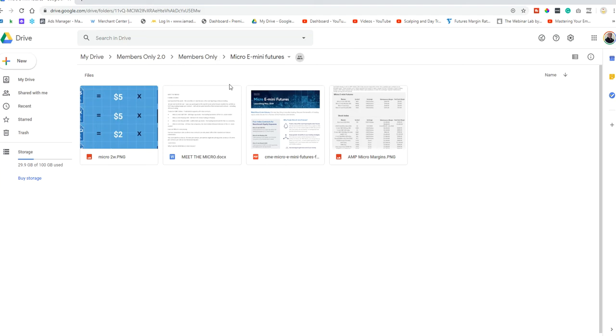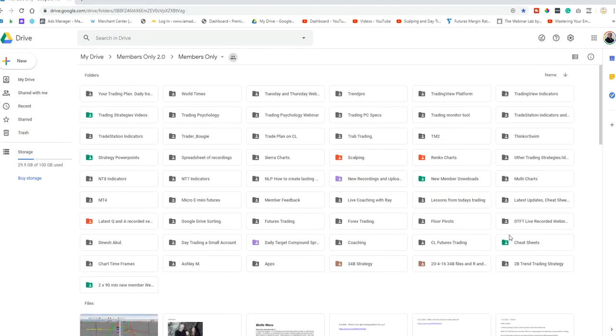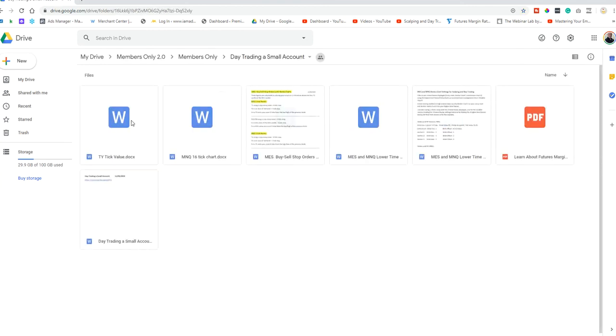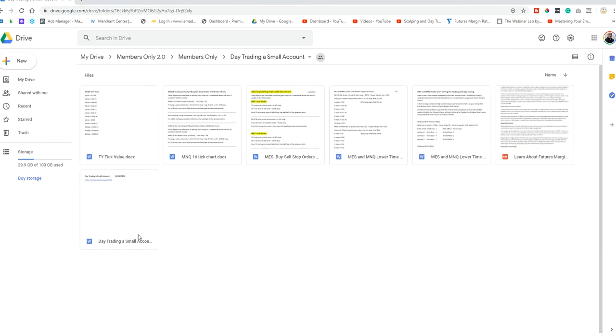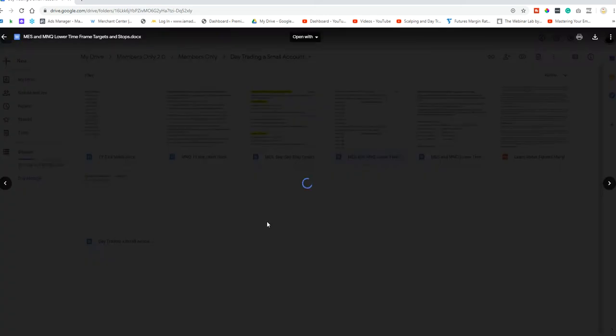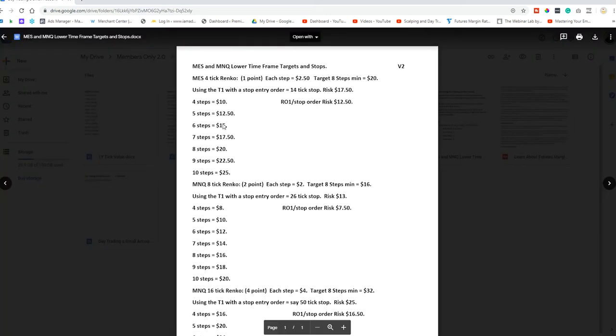So there's some information there on the micros. Gee, I do that many things, I get lost here. Here we are, day trading a small account. Go into that folder, day trading a small account, and you will see there the steps I'm talking about.